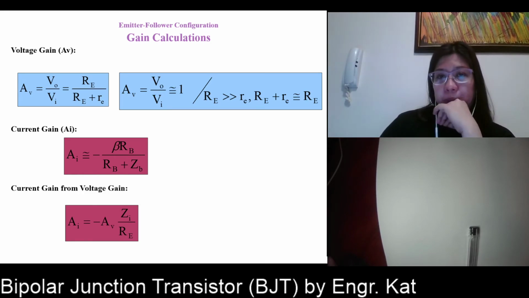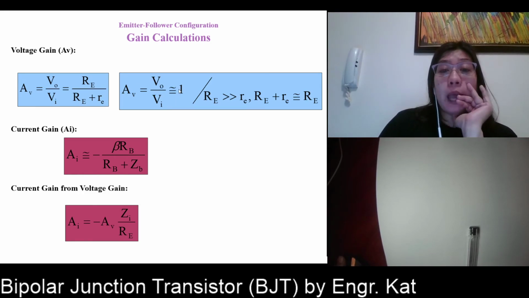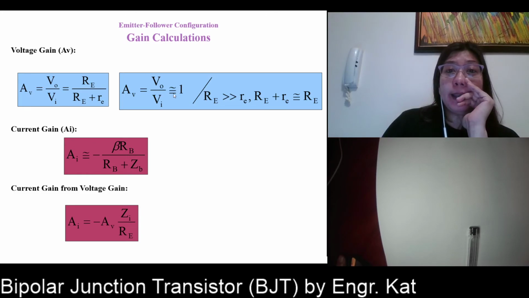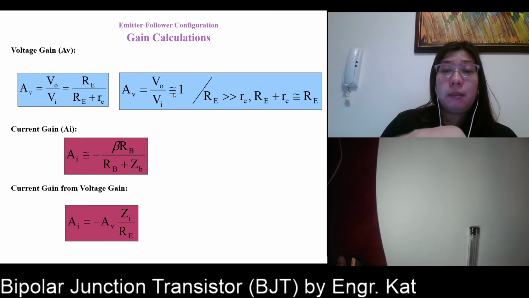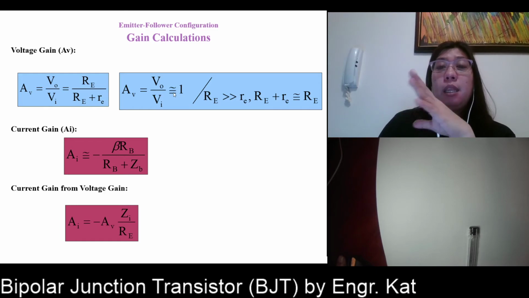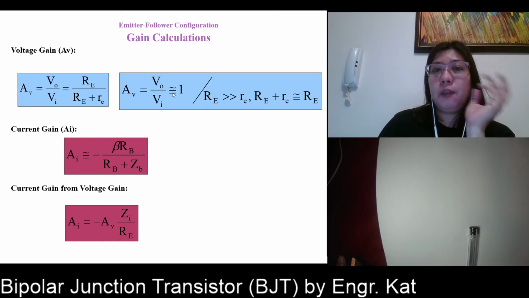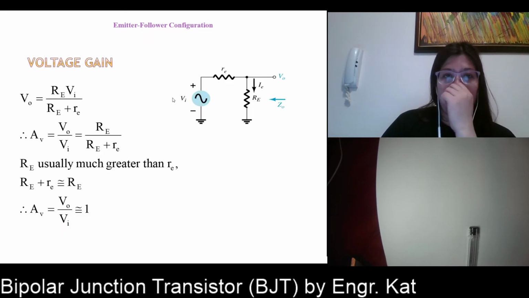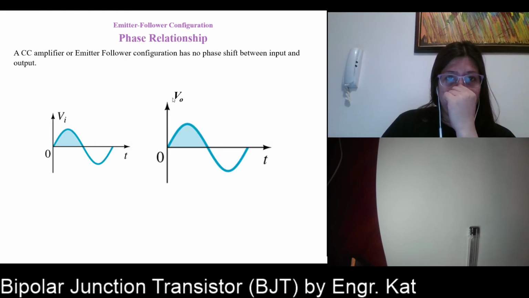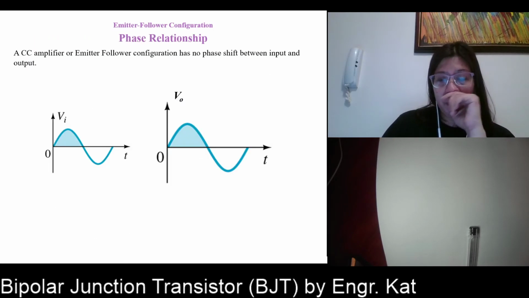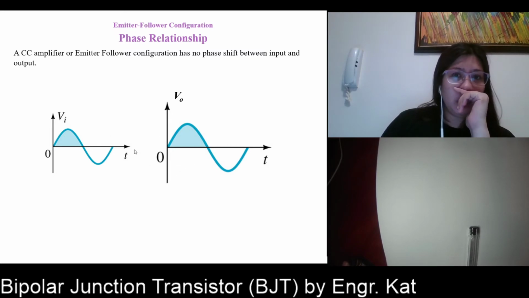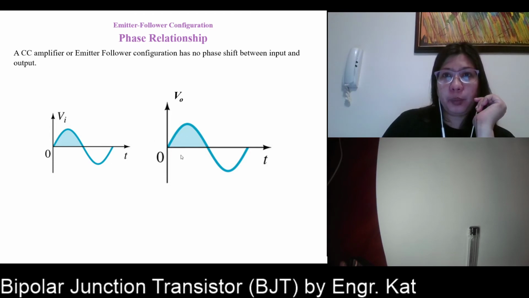Okay? And also, the absence of a negative sign means the input is directly in phase with its output. So the phase relationship, although this is quite wrong because the output must be lower than the input, shows that they have the same phase.